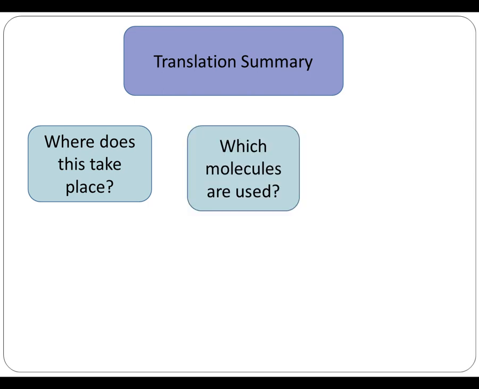Which type of molecules are utilized for this process? All of the RNA molecules, and including individual amino acids. So during translation, ribosomal RNA, and really you could say ribosomes, are used, messenger RNA is used, transfer RNA is used, as well as individual amino acids.